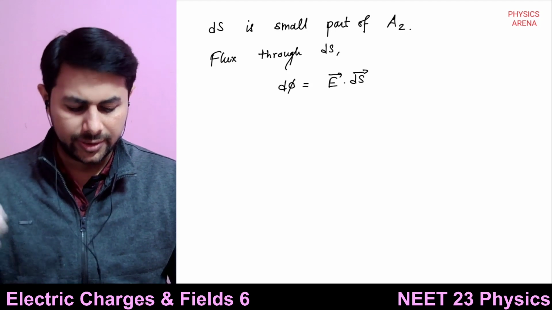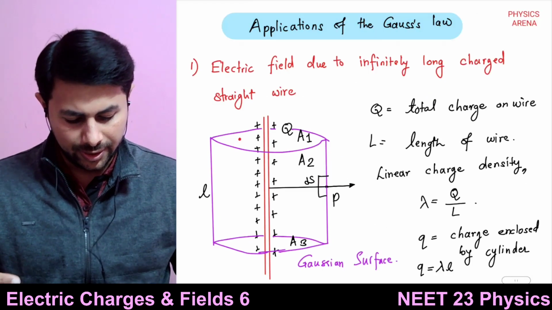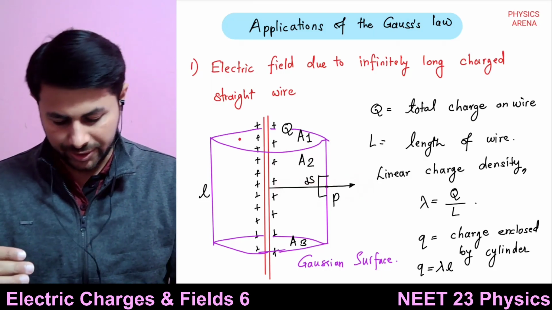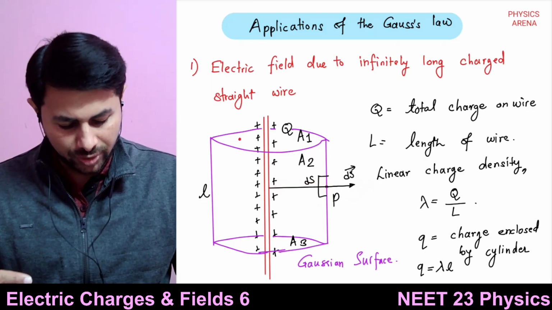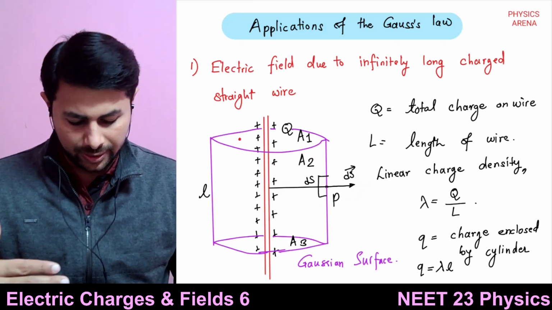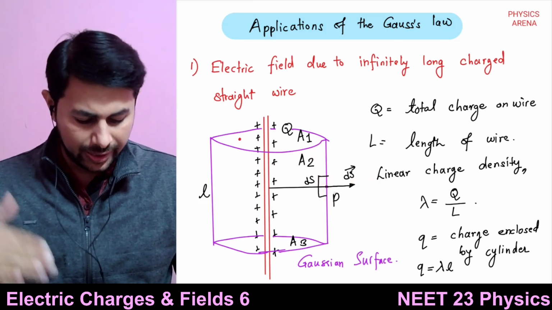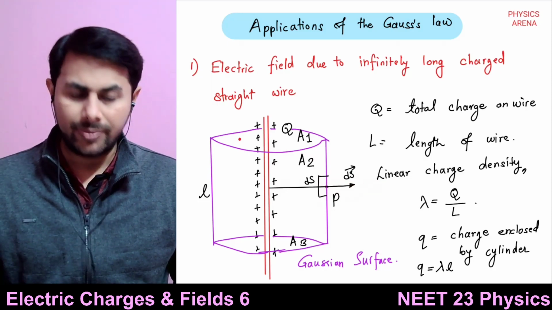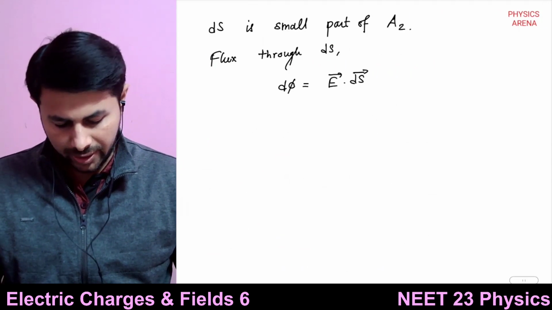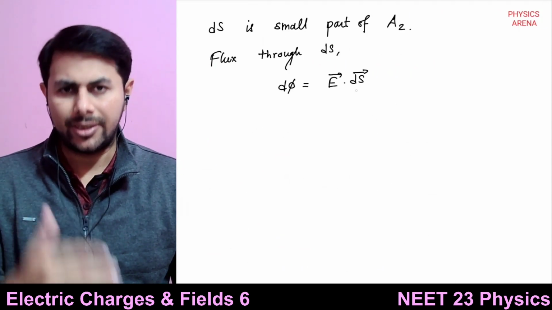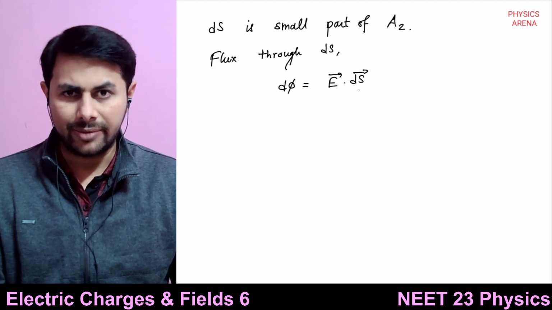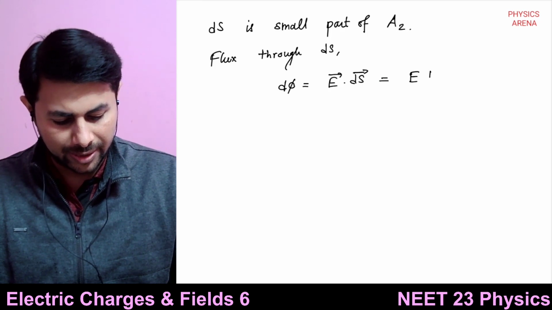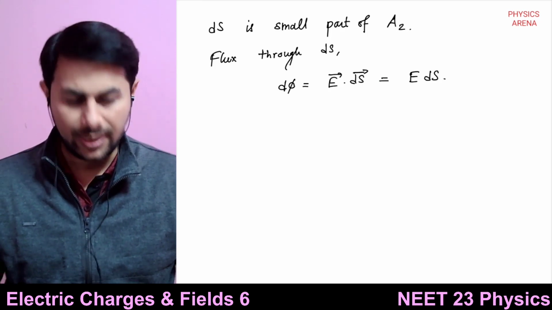Since E bar and ds bar are directed in the same direction, and we know the direction of the area vector is perpendicular to the plane of the area, the angle between them is 0. So E bar dot ds bar is E multiplied by ds multiplied by cos of the angle between them, and cos of 0 is 1. So it is just equal to E multiplied by ds.